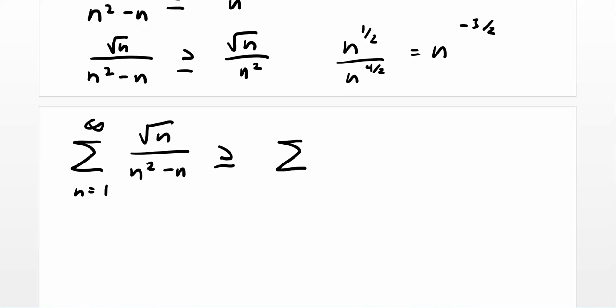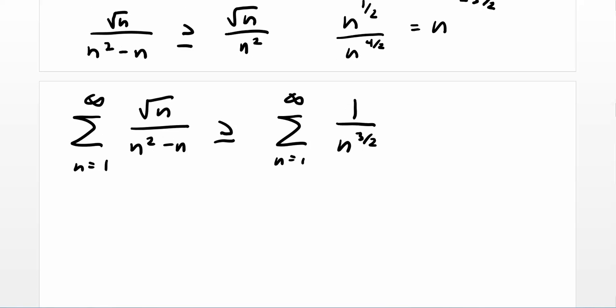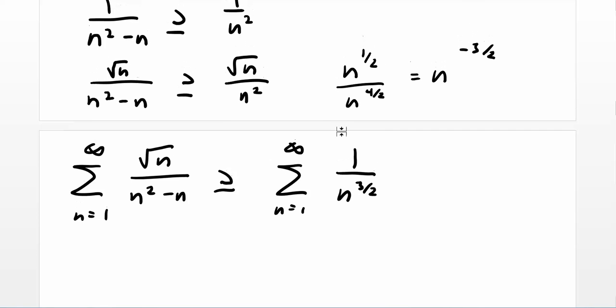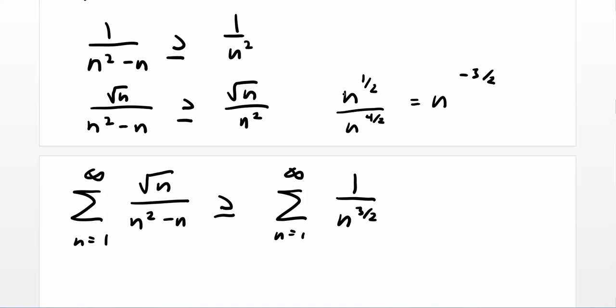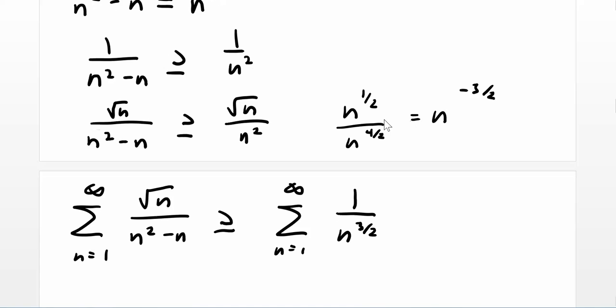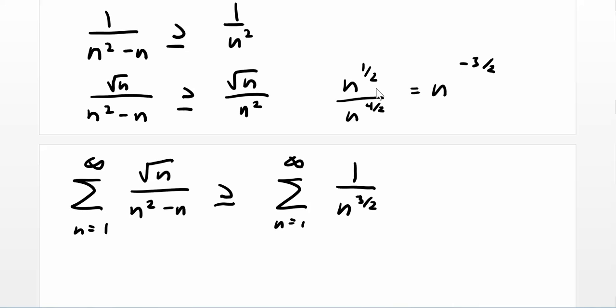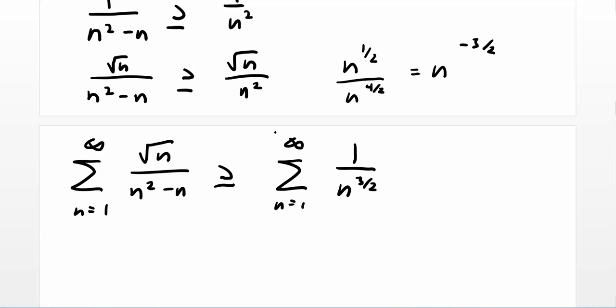So our series over here becomes 1 over n to the 3/2. Okay, so it looks like our inequalities are pointing in the wrong direction because our series is greater than a convergent p-series. So that's unfortunate.